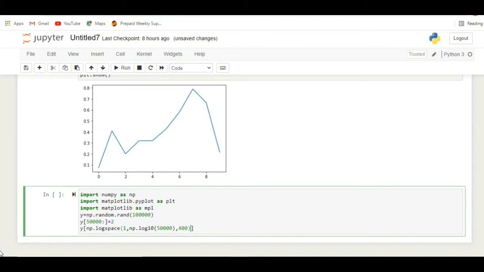Here we shall write .astype, and inside the parenthesis you shall write int, and here you will write -1.